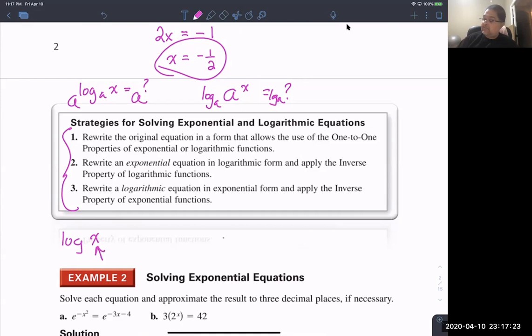Also, if an exponential equals a negative number, that is no solution, because an exponential cannot equal a negative. And you cannot take the log of a negative. So logarithms have to be positive, and exponentials have to equal something positive.